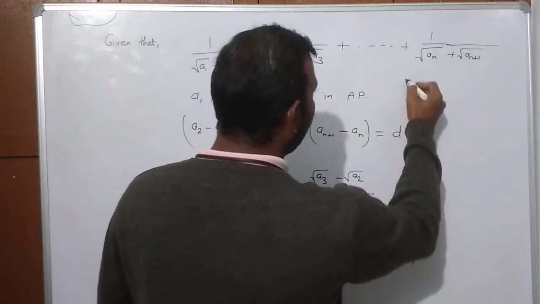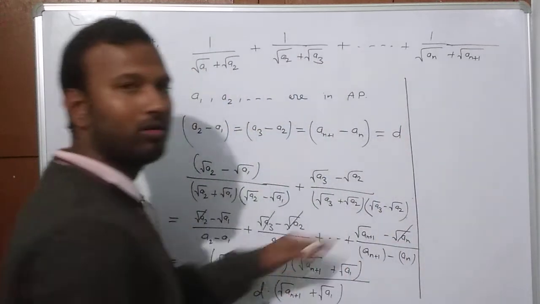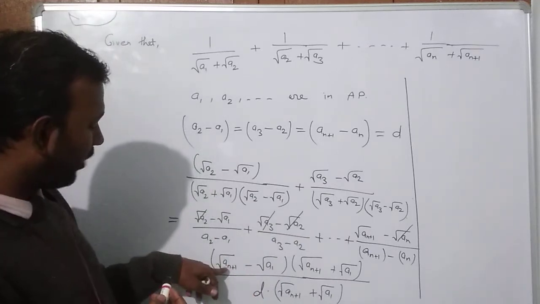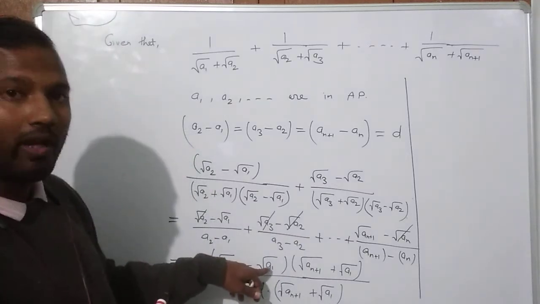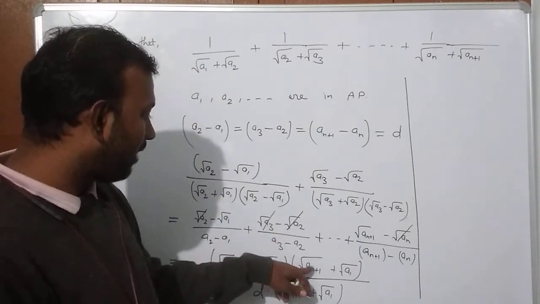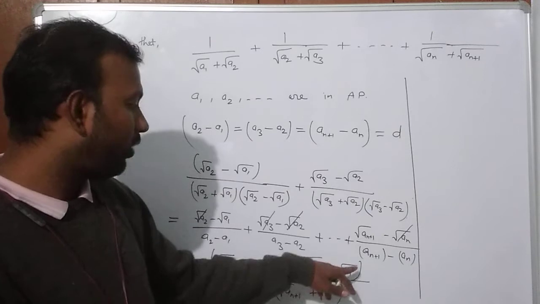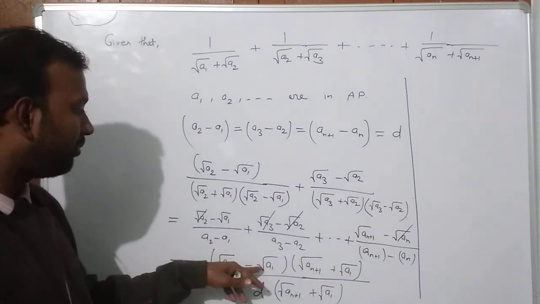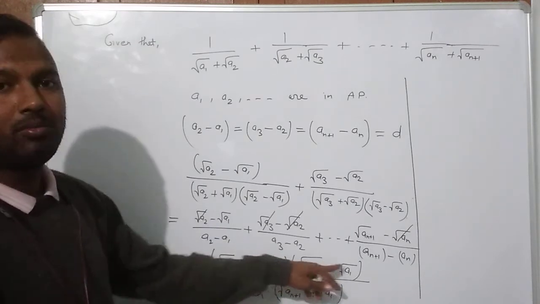So we have a line here for solving, for limited space. So in the numerator, under root a n plus 1 minus under root a1 in one bracket. In the second bracket we have under root a n plus 1 plus under root a1. So again we can apply the formula of a minus b and a plus b.